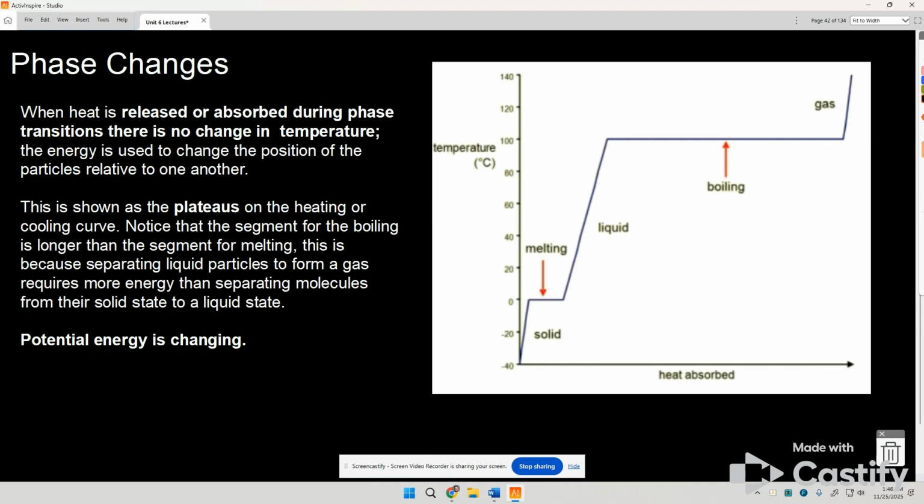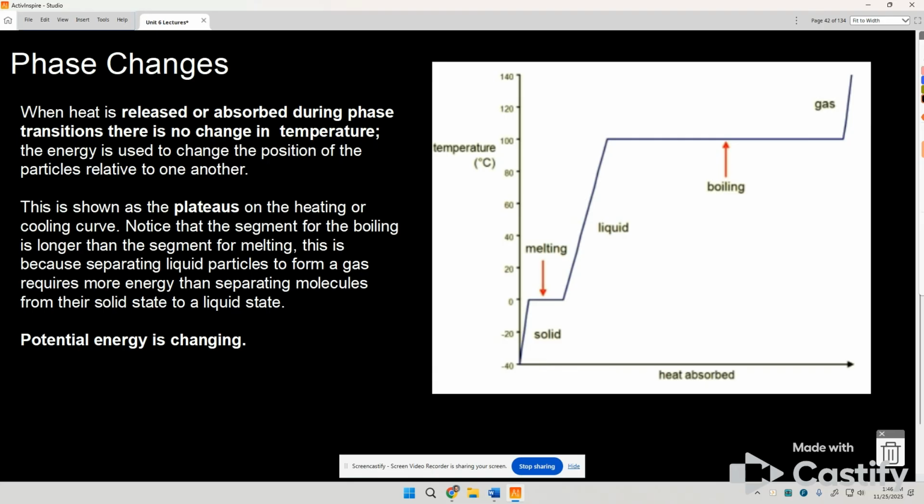That's where the heat is being added, making the phase change happen, but doesn't change the temperature of our overall system. Those are those plateaus that we see. We see that the segment for the boiling section is longer than the segment for melting because separating liquid particles to form a gas takes much more energy than to get from solid to liquid.